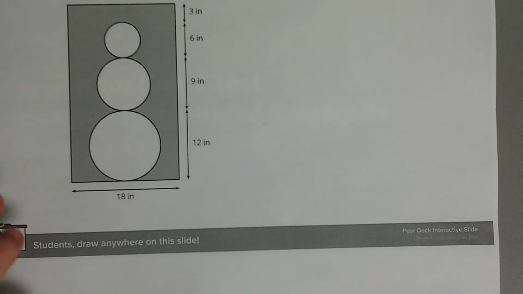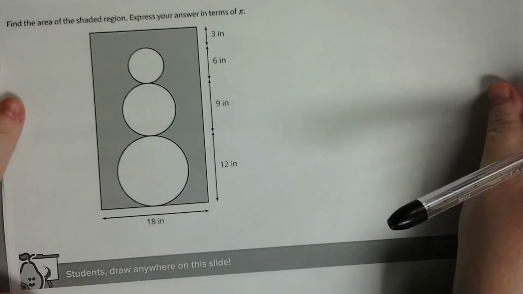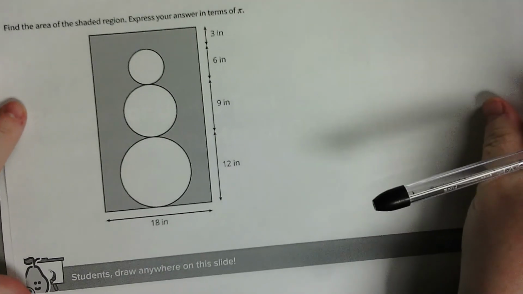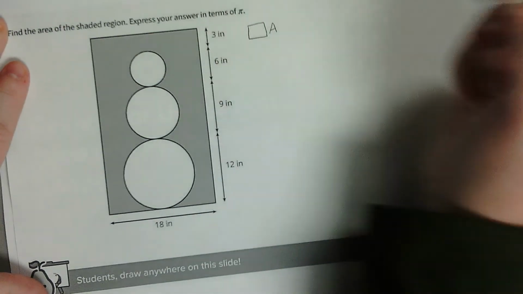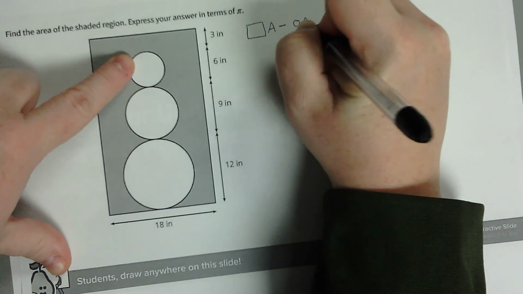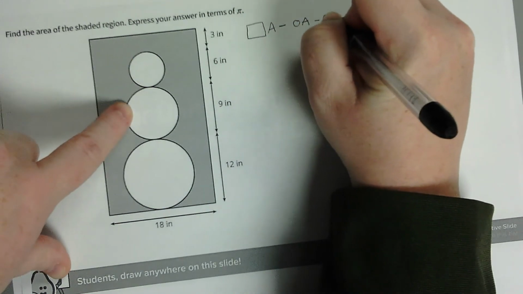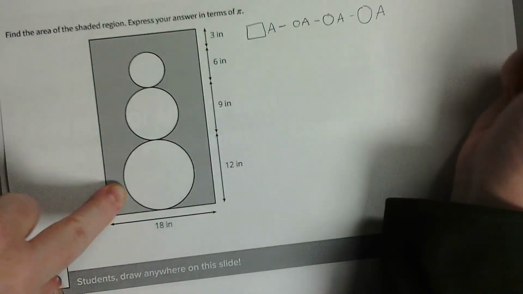Alrighty, last one. Find the area of the shaded region. Express your answer in terms of pi. Okay. So first we have our rectangle area minus our small circle minus our medium circle minus our large circle.